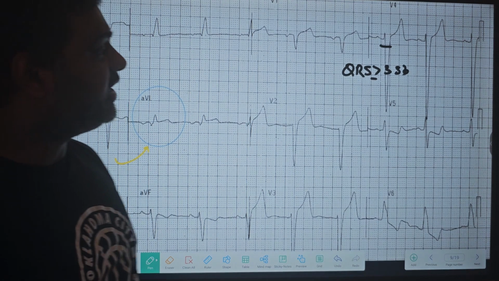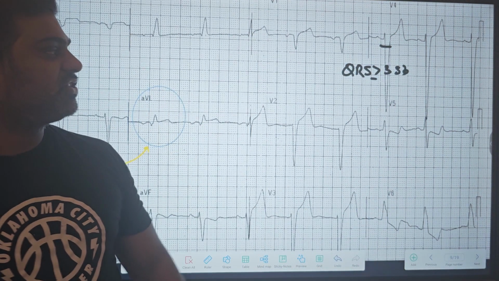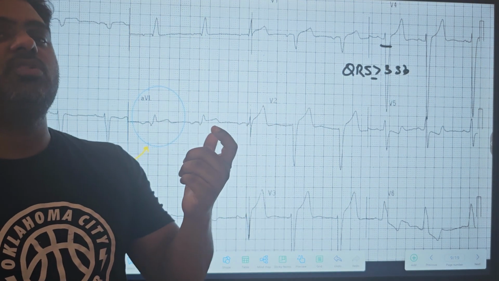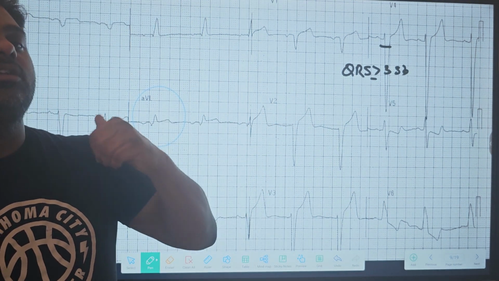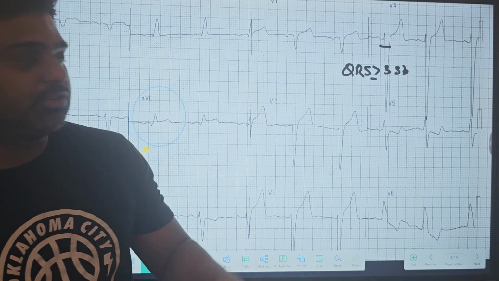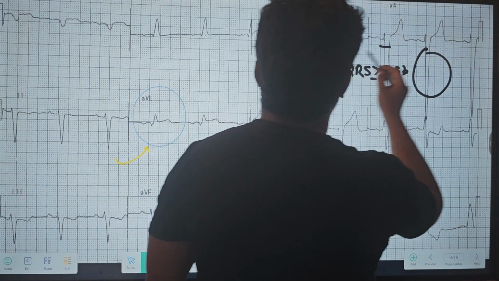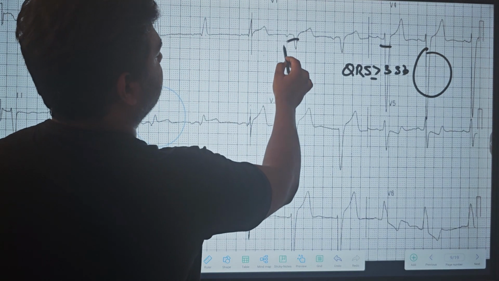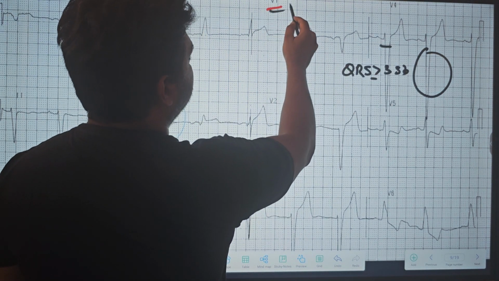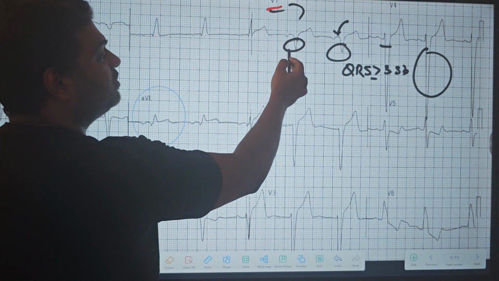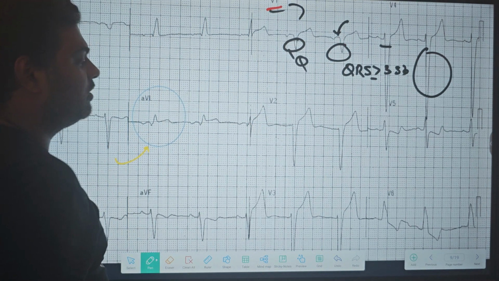Second is that in lead V1 we will get a deep S wave which is preceded by an R wave. R wave is generally so small that this S wave is mistaken as a Q wave. So see this deep S wave. Yes, lead V1 is this deep S wave, and R wave is present but very small, so you can mistake this as a Q wave. So the second point is also valid.